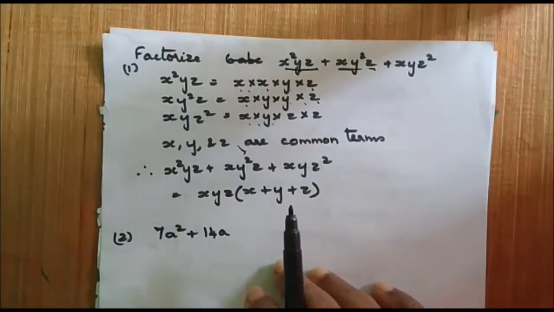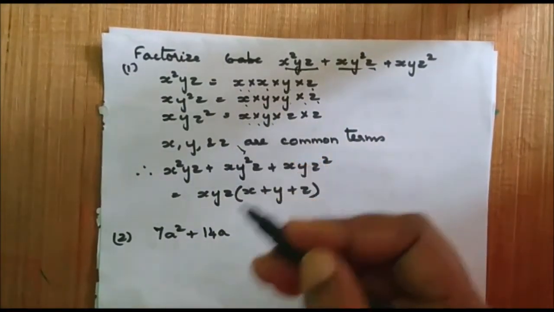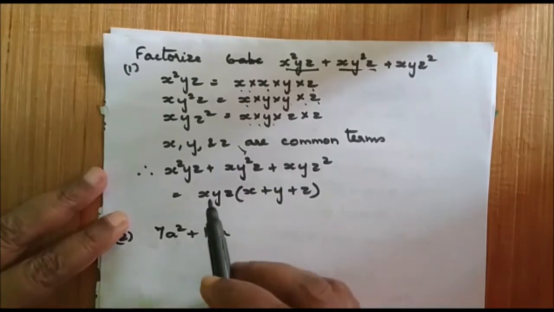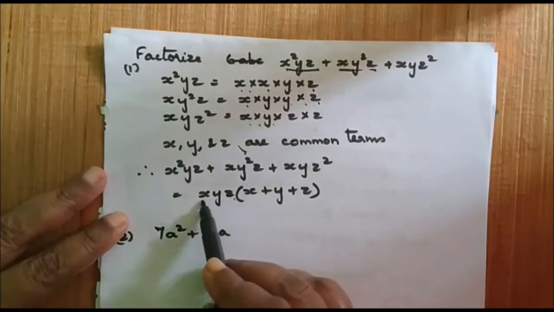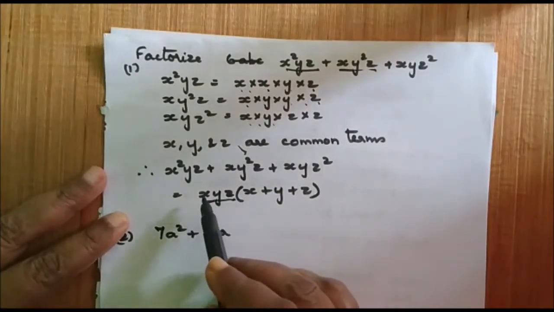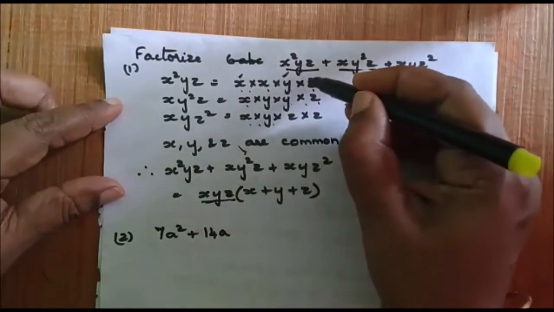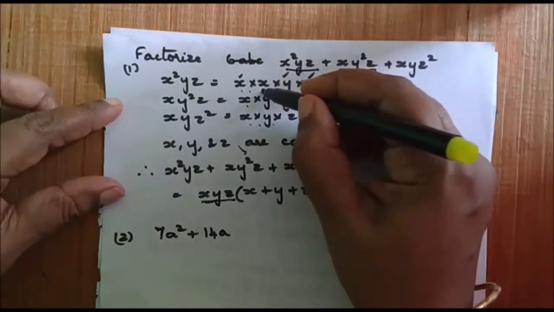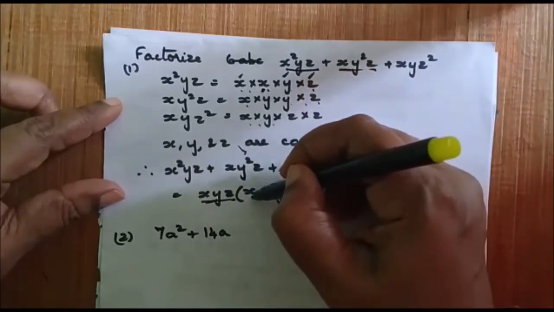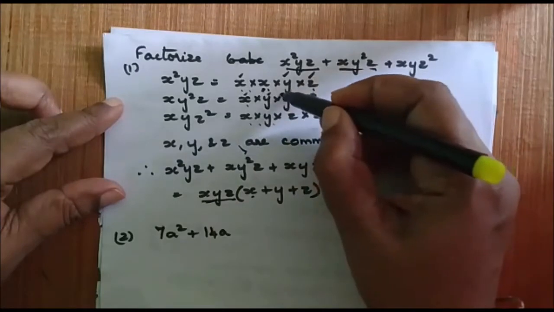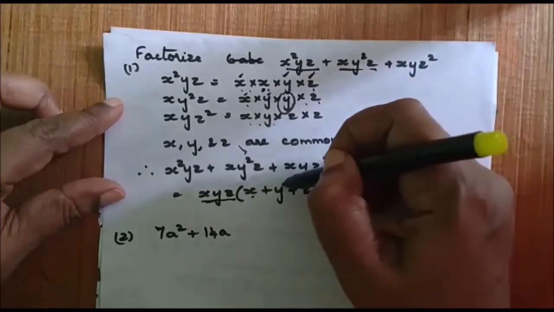Now what are the common terms in the three terms given here? x, y and z are common, isn't it? So what I can do is take out x, y, z outside. If I take out an x, a y and a z, what is remaining? x is remaining, so I'll write x inside the bracket. When I remove x, y and z, y is remaining, so I write this y.